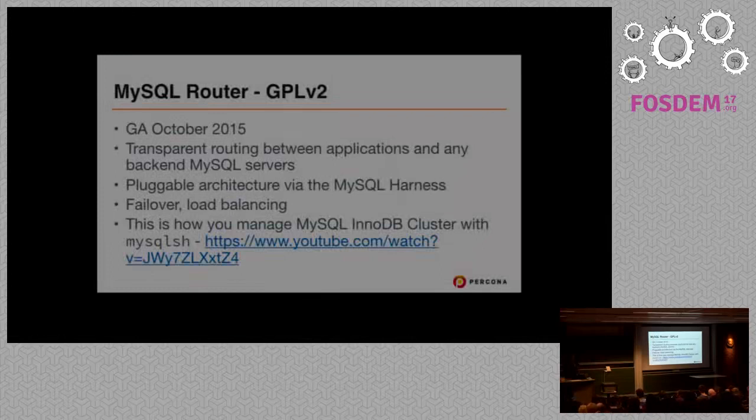The idea there is obviously to do transparent routing between all applications and backend MySQL servers. They also have a plugin interface via a harness that you can use. The harness provides dependency tracking, loading and unloading of plugins, configuration, logging framework, and so forth. It can do failover, it can do load balancing.